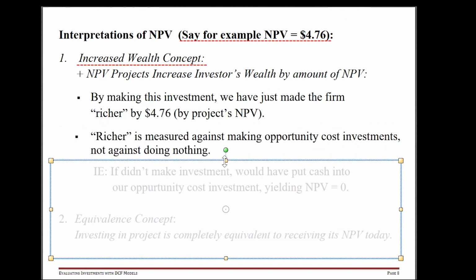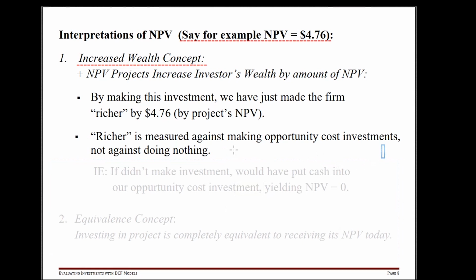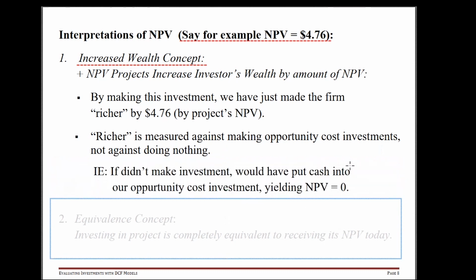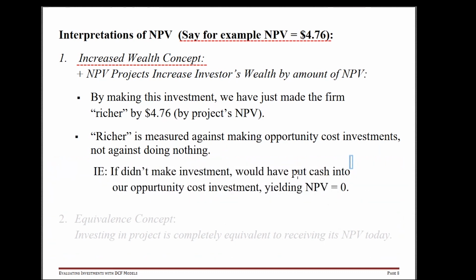Okay, but there are some caveats on this. Richer is not measured against doing nothing. It's measured against putting the money we had for the project into our opportunity cost investment instead, not against doing nothing. Okay, so specifically what I mean is, if we didn't make the investment in this project, we would have put the cash into our opportunity cost investment and enjoyed an NPV of 0.